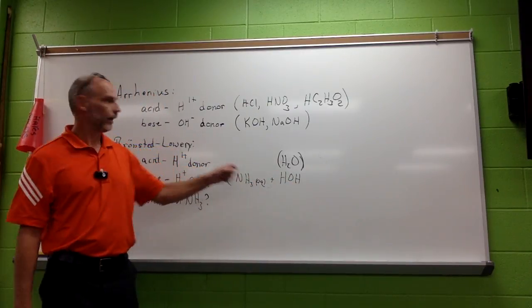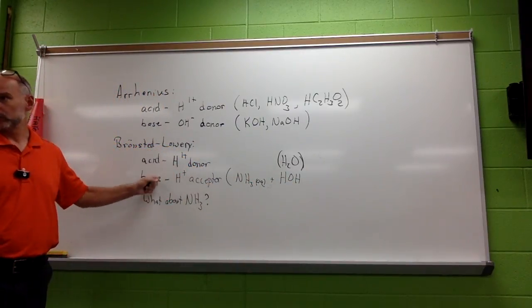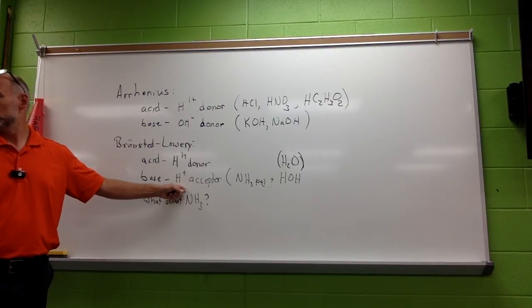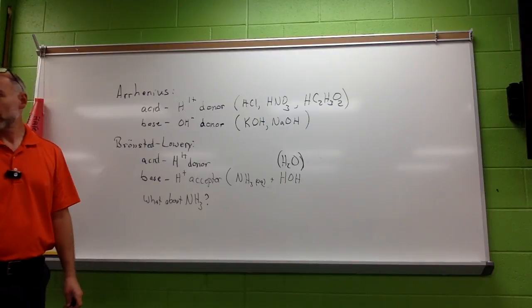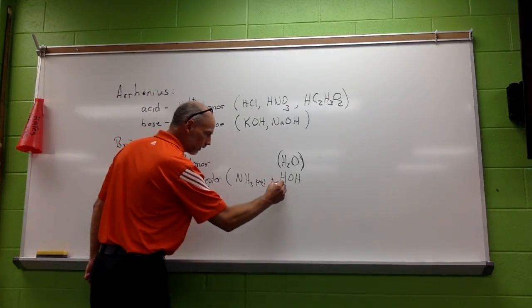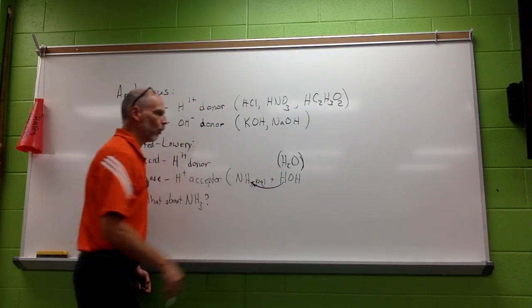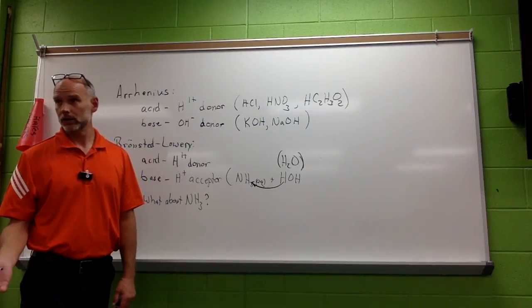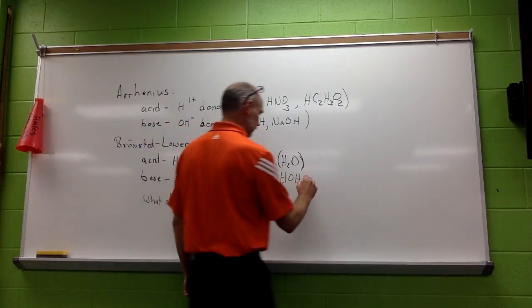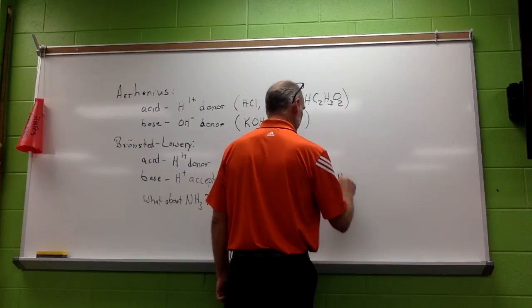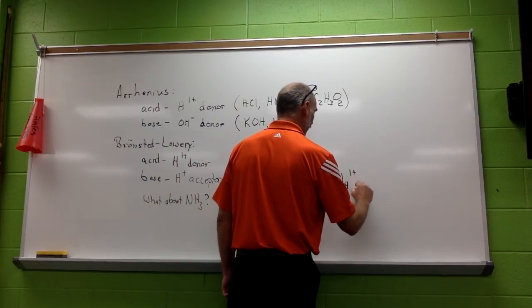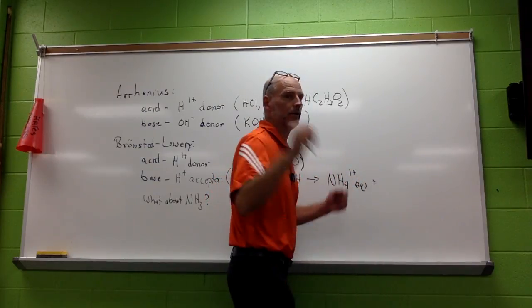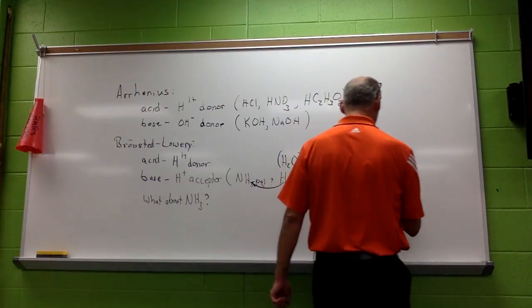We're just saying that ammonia is a Bronsted-Lowry base, which is a hydrogen ion acceptor. From where can it get some hydrogen ion? The water, to form the ammonium ion and hydroxide ion.